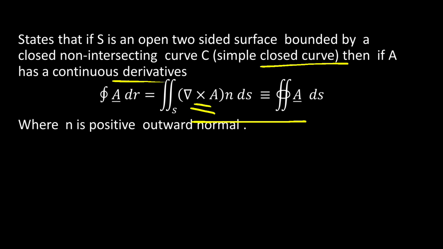The curl of A against the surface, dot dS, will be equivalent to the closed line integral of A dot dr, where n is a positive outward normal. So this is basically a breakdown of what we say: that the line integral around a given boundary curve of S of a tangential component of f, where f is a given vector, is equal to the surface integral of the normal component of the curl of f.